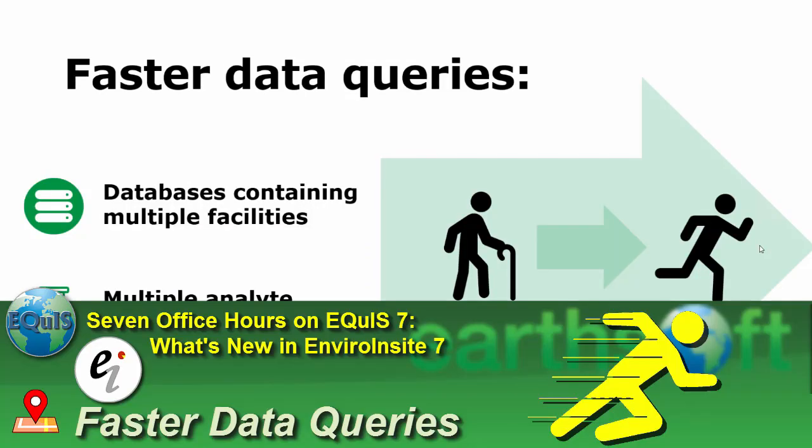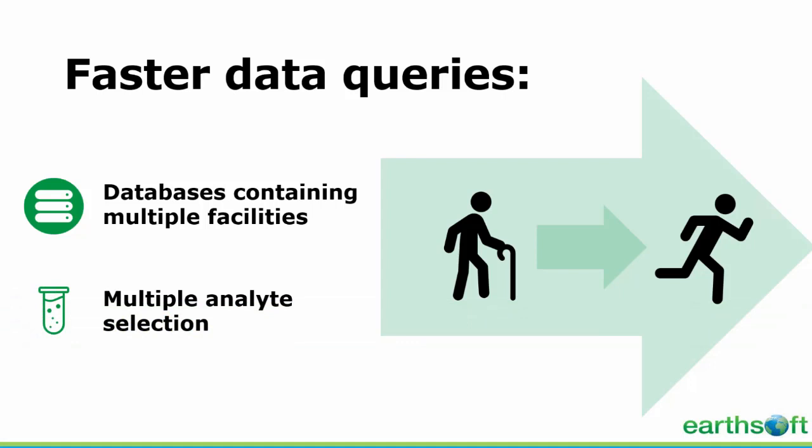So first thing is faster data queries. And I almost have to confess that this is almost a bug fix. It's what happens when you develop your code using the Springfield database. You don't realize that other things can go on when you're dealing with a more commercial scale database. And so we began to encounter those as more and more people are using EnviroInsite.